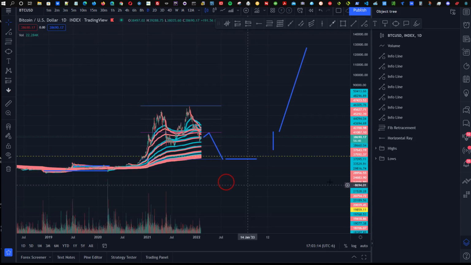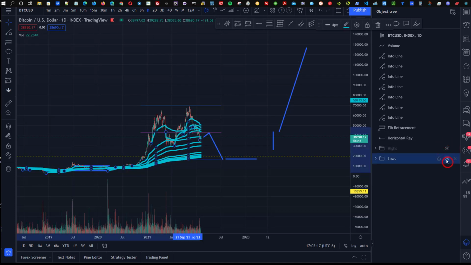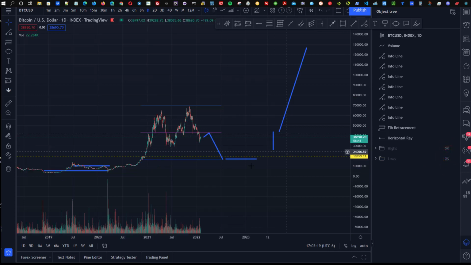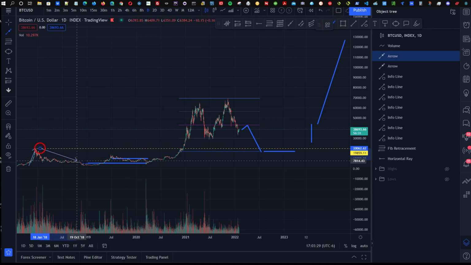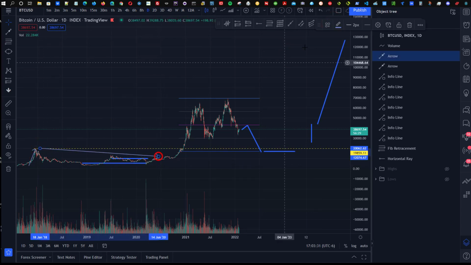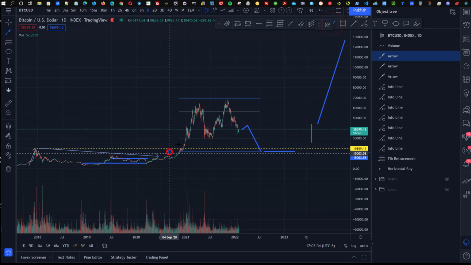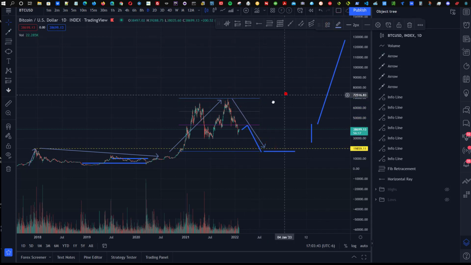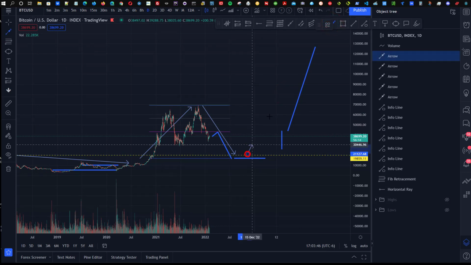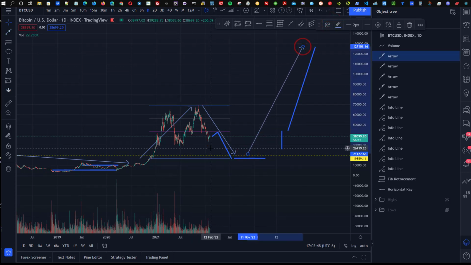I would say that Bitcoin is unlike any other asset. And what I mean by that is generally you don't see an asset do this. You don't see an asset come in, make an astronomical high, sell off, go into a winter, and then make another astronomical high, and then sell off, go into another winter, which is really what we're talking about, go into another kind of range winter, and then come up and breach all-time highs and make another high.